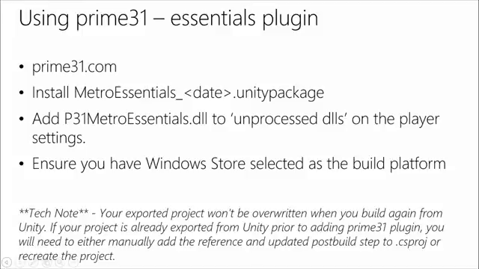Correct. And I'll add a little tech note here just for the folks that like to really understand how things are happening, because Unity will generate your Visual Studio project, as Jason was showing yesterday. It doesn't overwrite that project. So if you happen to have your Visual Studio project already generated, and then you decide later on to install Prime 31, well, that project needs references to those libraries.